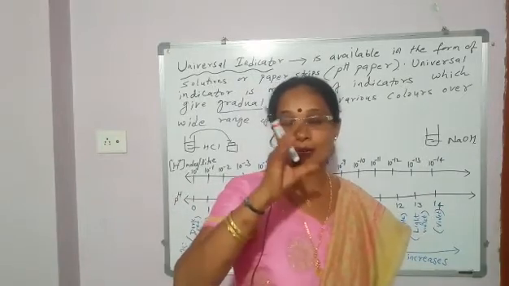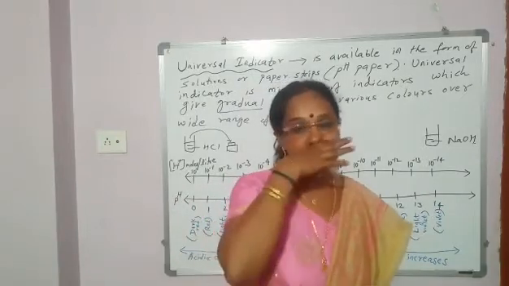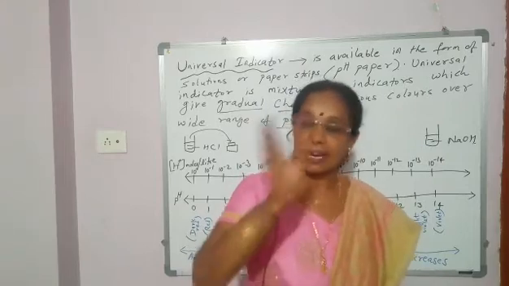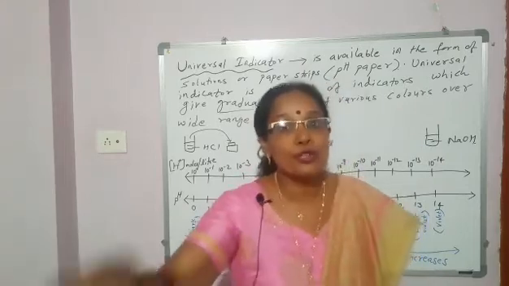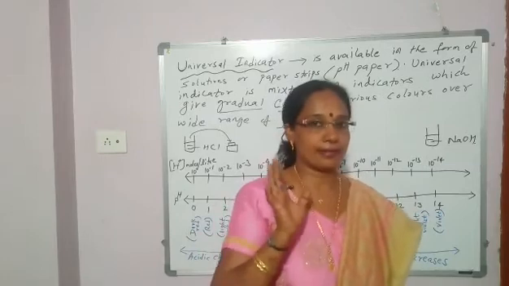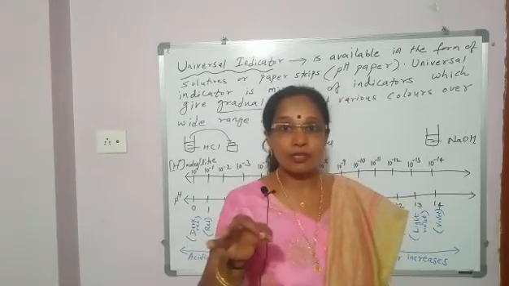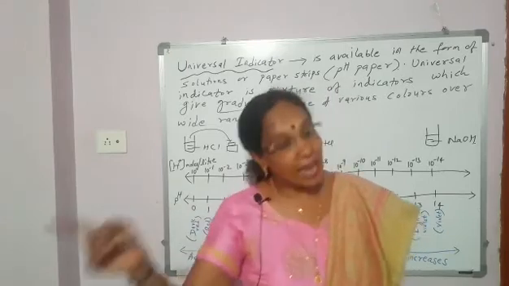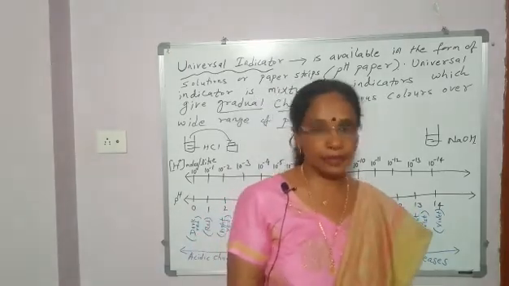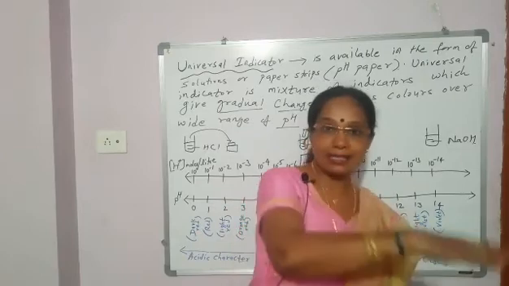So what is acid? Acid is a substance which furnishes hydrogen ion in its aqueous solution according to Arrhenius. And what is base? Base is a substance which produces hydroxide ion in its aqueous solution. Okay. Next, strong acid, weak acid.